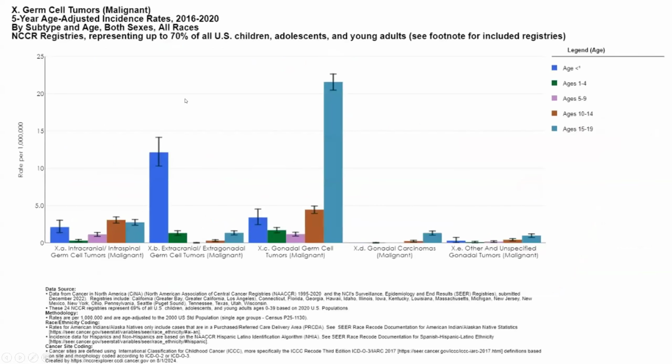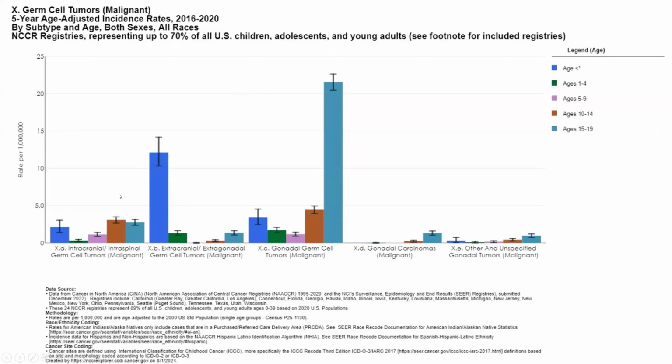And then when we look at the most recent cancer registries here in the US, we can see that gonadal germ cell tumors have the highest incidence, particularly in the ages of 15 to 19. So we're looking at older children. When we look at younger children, you can see that the extracranial, extragonadal germ cell tumors, particularly in babies less than 1 year of age, are the most predominant tumor.